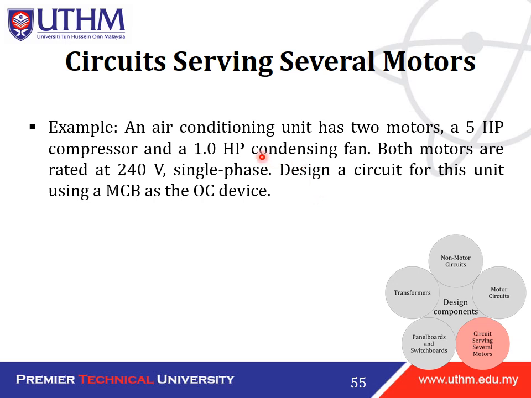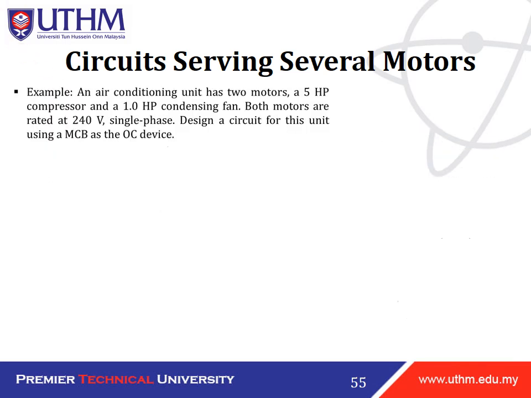Okay, we have an example here. An air conditioning unit has two motors, a 5 horsepower compressor and a 1 horsepower condensing fan. Both motors are rated at 240 volt single phase. Design a circuit for this unit using an MCB as the overcurrent device.